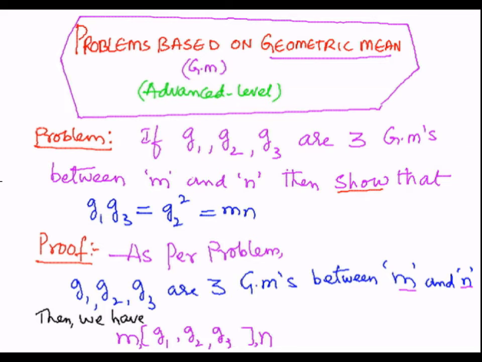Now the first term is m, the second term is G1, the third term is G2, the fourth term is G3, and the fifth term is n. That implies m, G1, G2, G3, n.